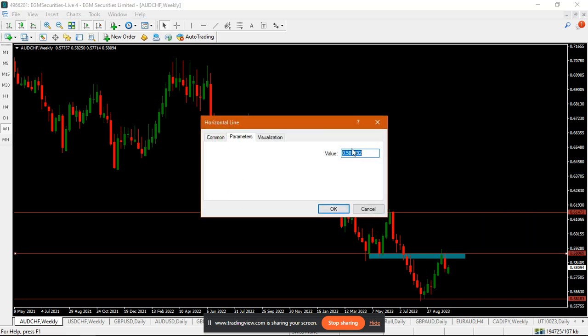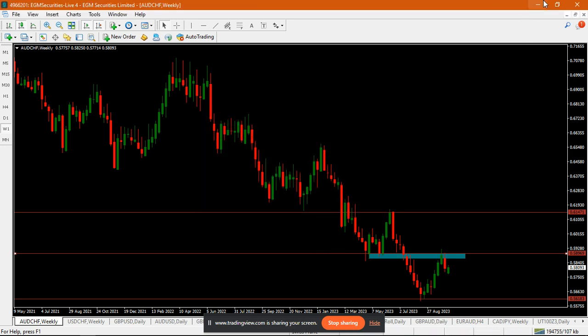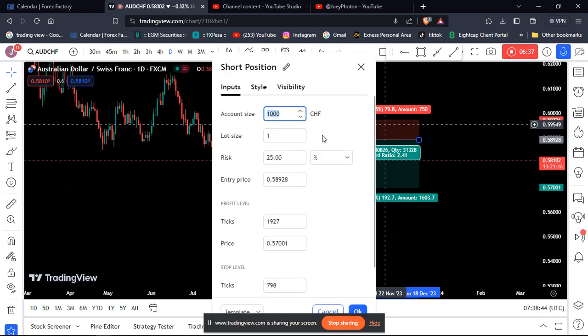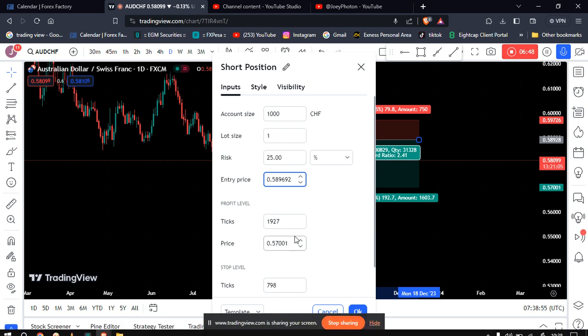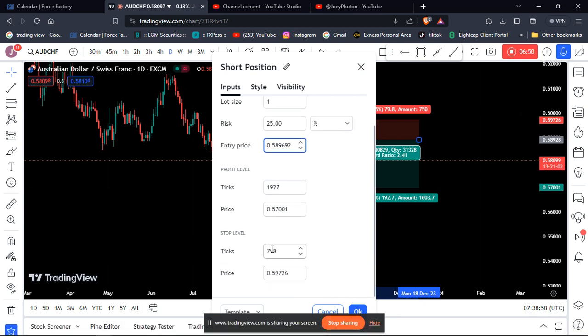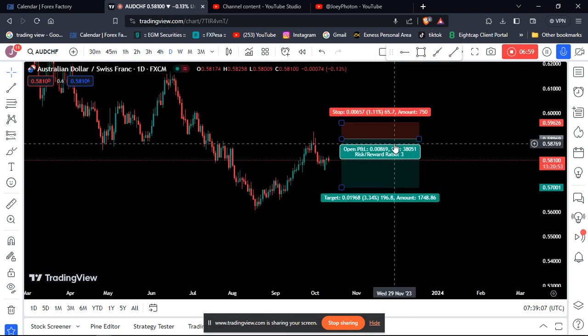Don't wanna annoy myself by repeating the same thing. Okay, here we are. Entry price. Here it is. Paste. Stop loss at 65 pips. And okay, there we go.